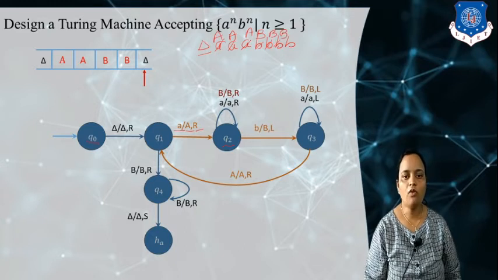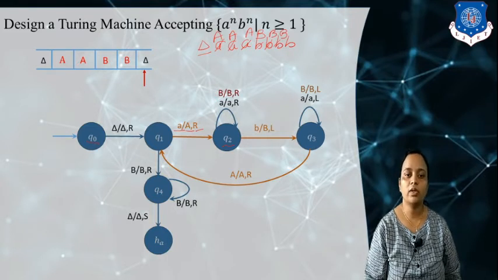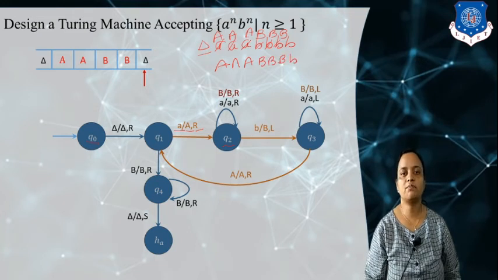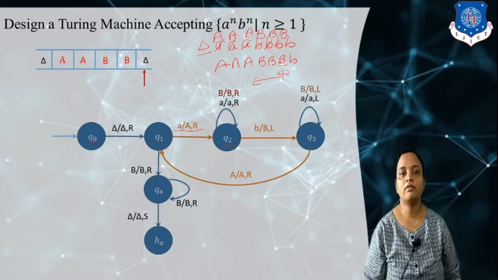Now we move to the left side, to the leftmost symbol A. So here we can see that this is my triple A. After converting this small b to capital B, we move our head to the left side. The last converted small a to a capital A symbol.